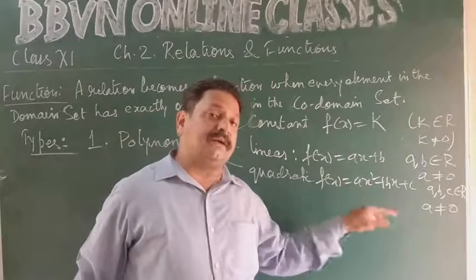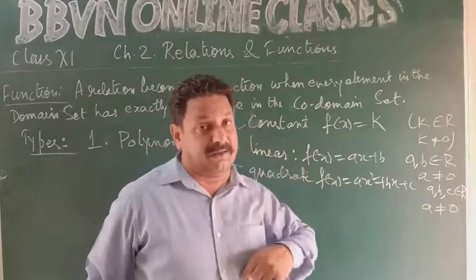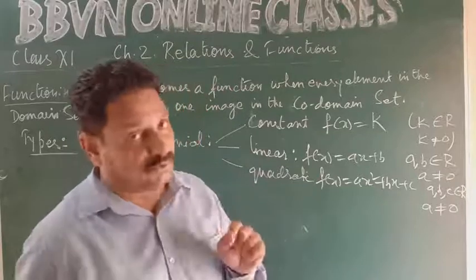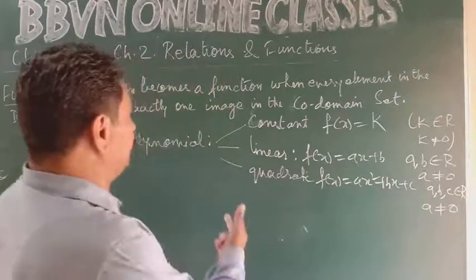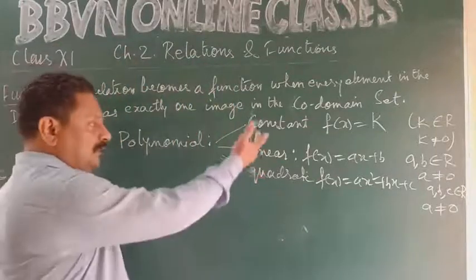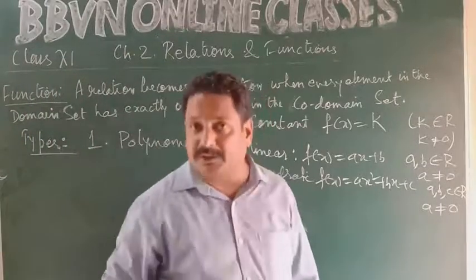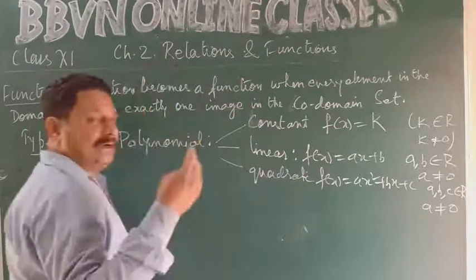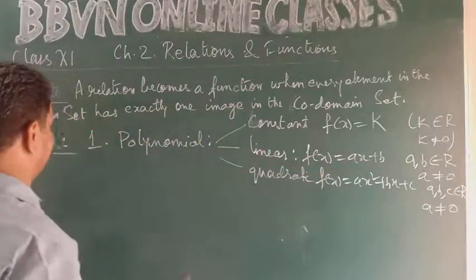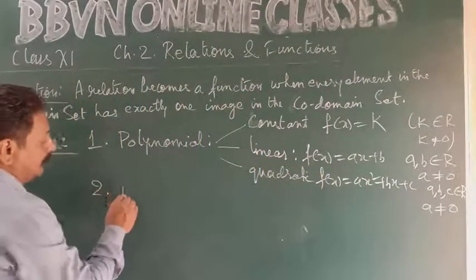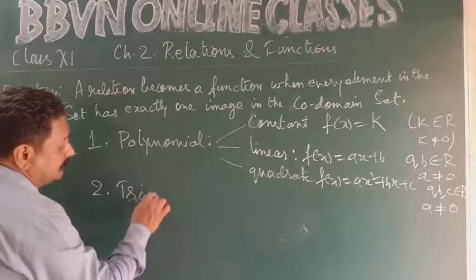So this will be a quadratic expression if and only if a is a non-zero real number. These are all polynomial functions. You can have cubic polynomial, you can have biquadratic polynomial. Based on the degree you can have as many polynomials as you want. Next you have trigonometric functions.